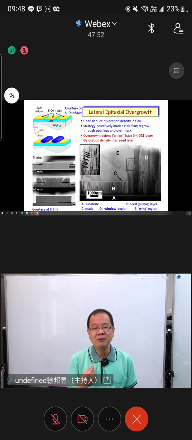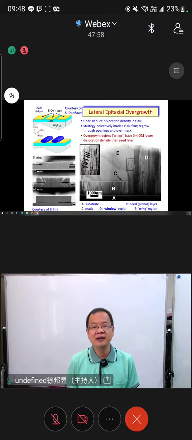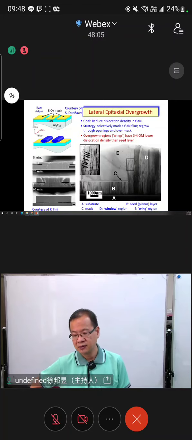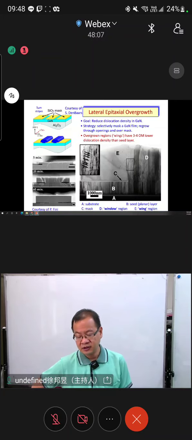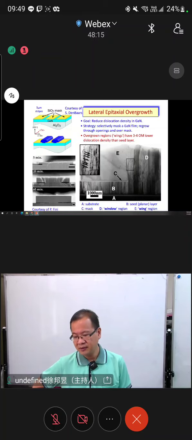That's how people use a mask to block the gallium nitride crystal from growing directly, because they learned this in a painful way. They know gallium nitride cannot be well controlled. So the part that's masked by SiO2, silicon dioxide, you can look at that part.